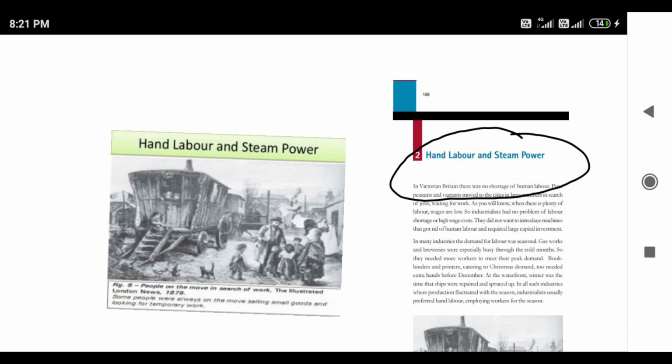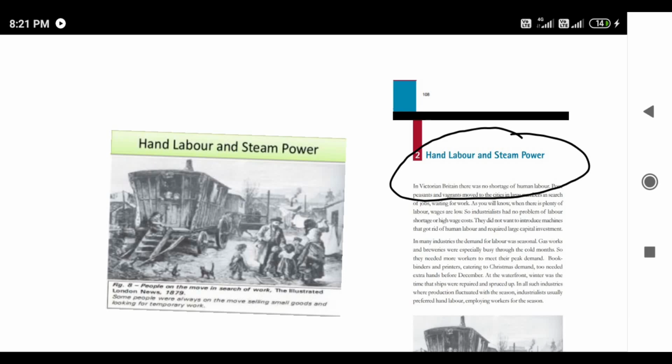I will recapitulate so that you may understand it clearly. There was abundance of labor. The laborers were available in plenty. And the laborers were willing to work in low wages as well.